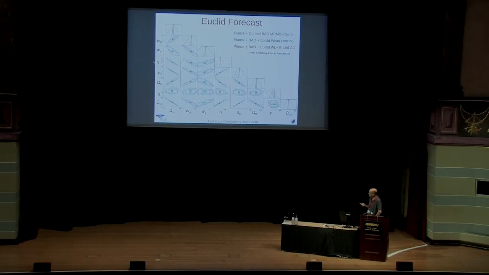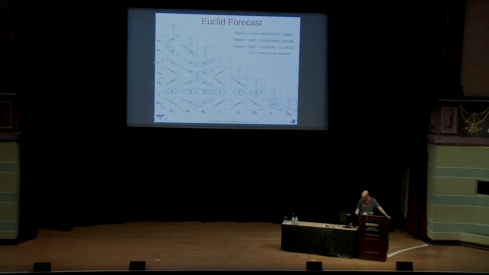So this is to illustrate the level of accuracy that will be reached with Euclid data. You see the ellipse errors for the measurements of these various cosmological parameters, and in blue you have the current accuracy on these parameters, and in red is the accuracy that Euclid will reach together with the Planck data.